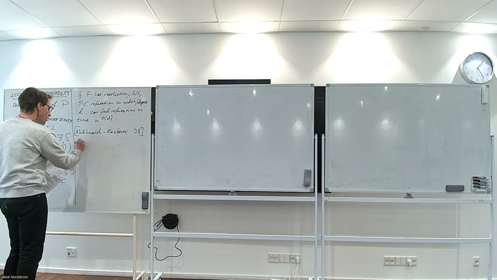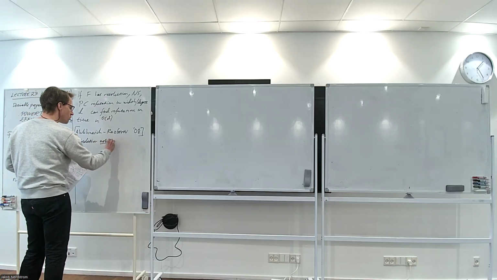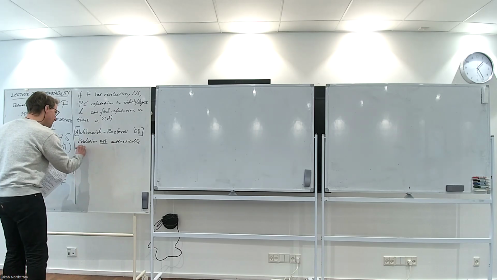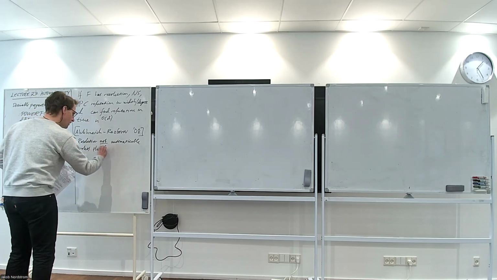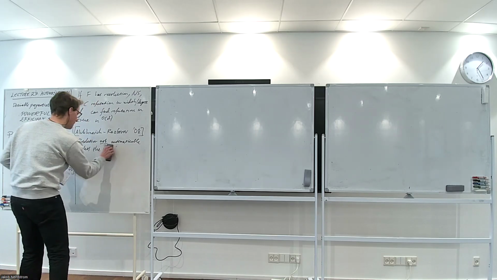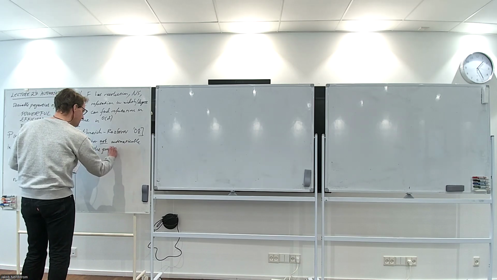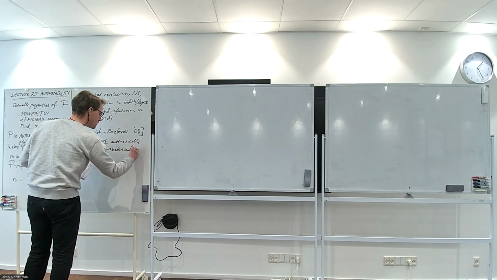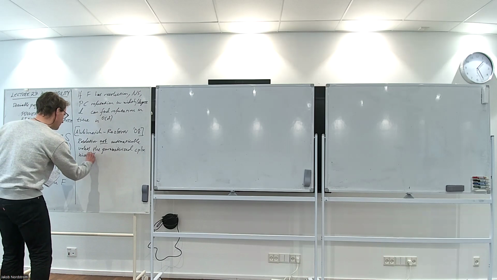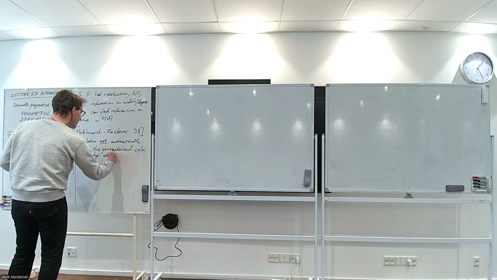So Alekhnovich and Razborov proved that resolution is not automatizable unless, and I won't go into the exact assumption, basically there is, in parameterized complexity theory, a hierarchy which people believe is a strict hierarchy.